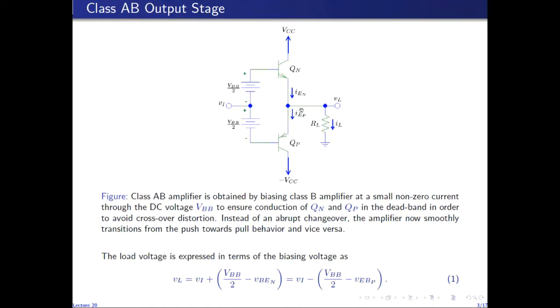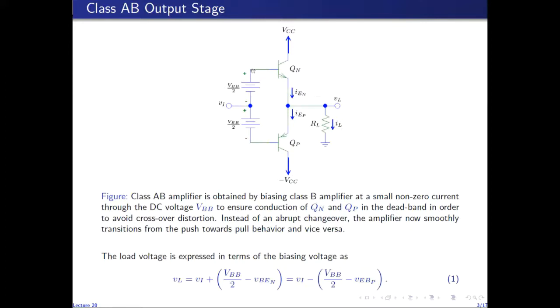And if we go through this loop, then VL is given by VI minus VBB by 2 plus VEB of Qp, which can be written like this by taking the negative sign out common.